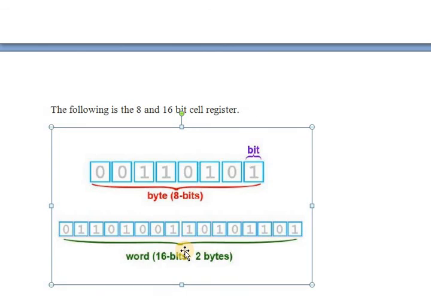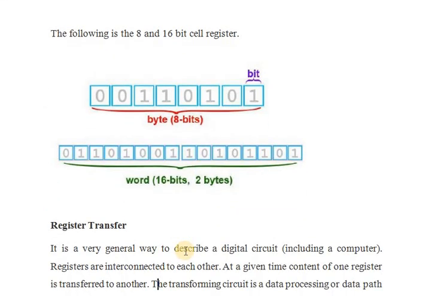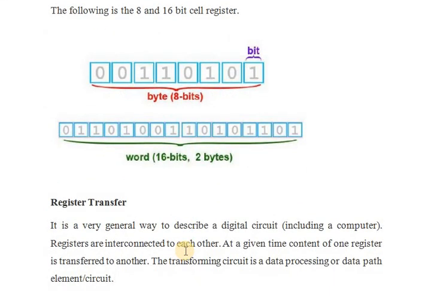Now we will see what a register transfer is. What is a register, and how is it transferred? That we are going to see in register transfer. A digital computer is characterized by its registers.